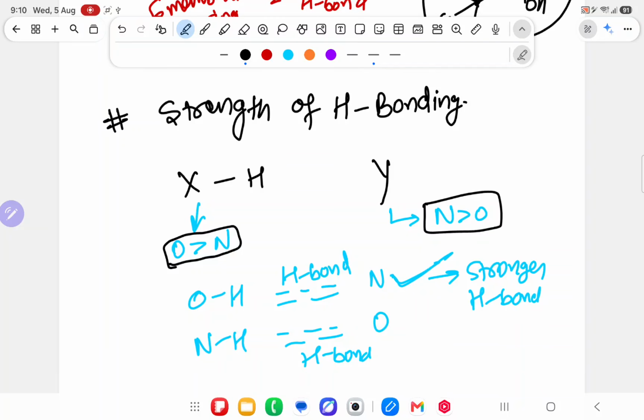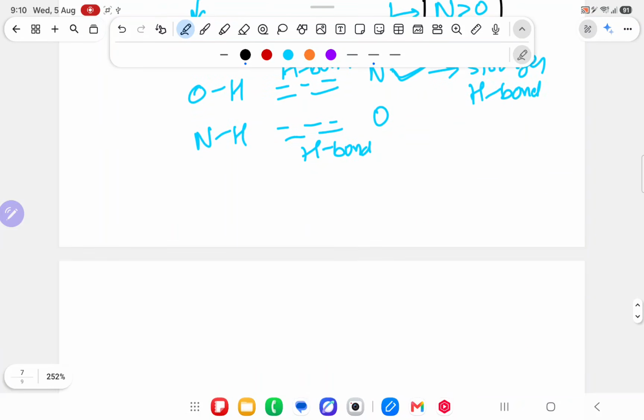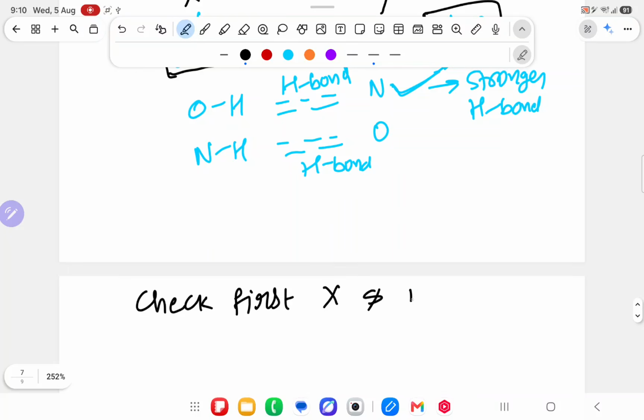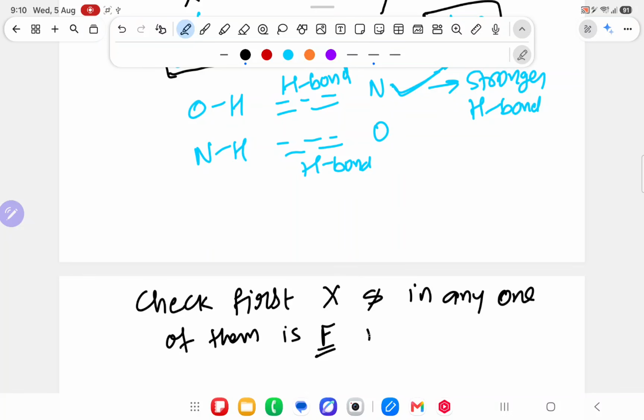Any problem with that? It means, what I will write: first check X, this X theory I am writing, and if in any one of them F is there, then it is stronger.